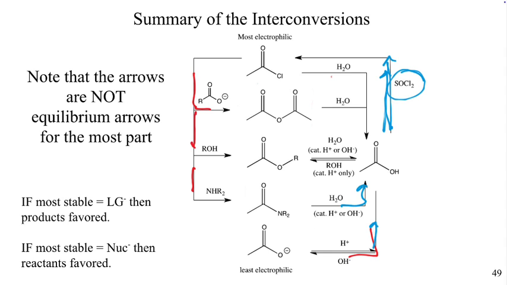So to go from the carboxylic acid up to the acid chloride, I need to use SOCl2. If I start here, there is no way for me to go up. What I have to do is go down once, convert across to the carboxylic acid, then I can go up.